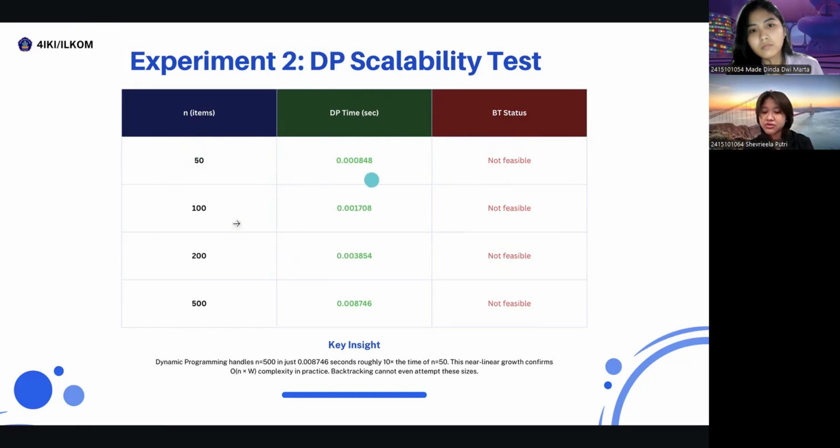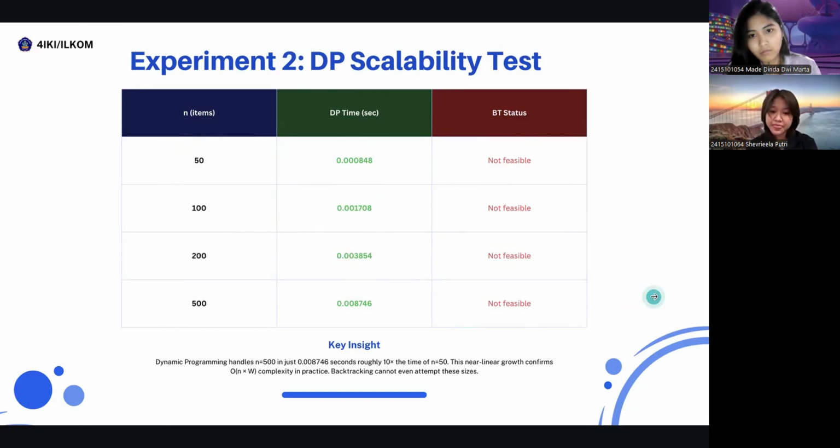Even at n equals 500, 10 times bigger, dynamic programming only takes about 8 milliseconds, and the growth is nearly linear, consistent with O(n times W), where W is fixed at 10,000. Backtracking cannot even start these tasks. They would take years to complete, so this experiment confirms that dynamic programming is highly scalable and ready for real-world use.